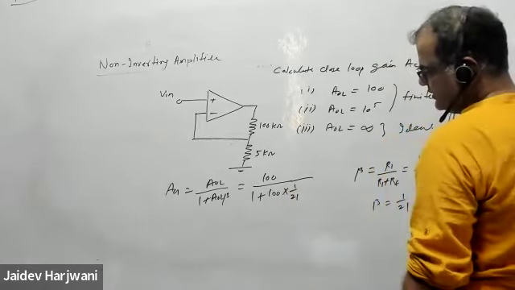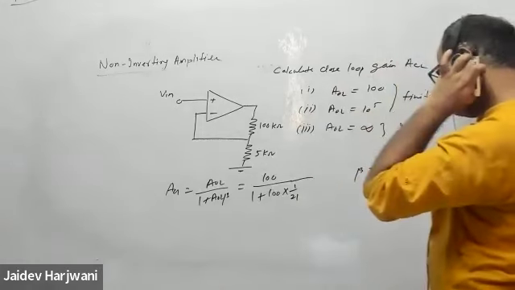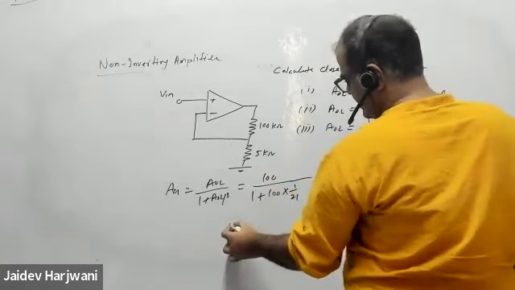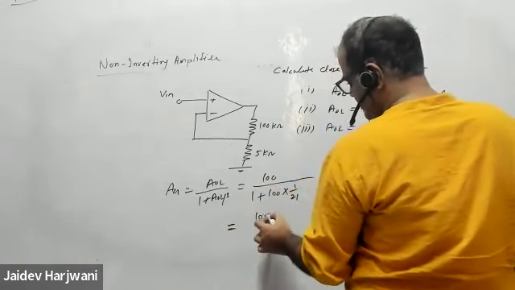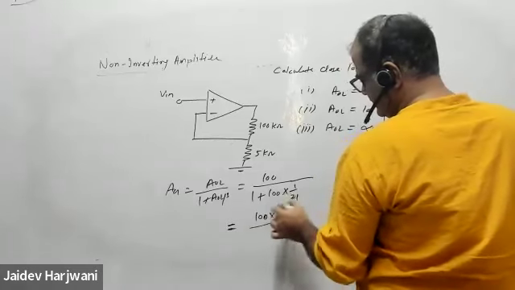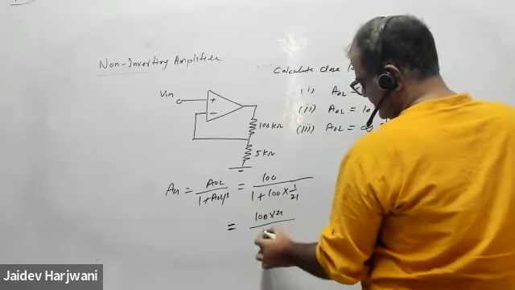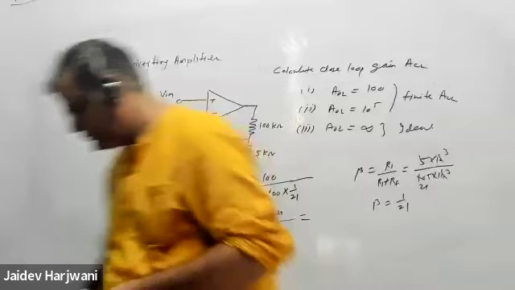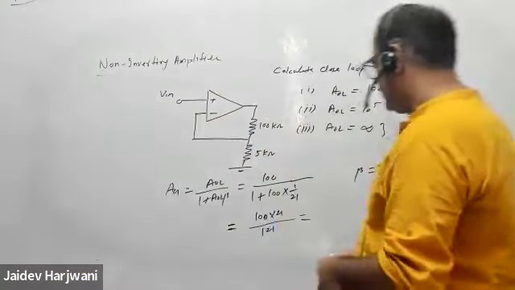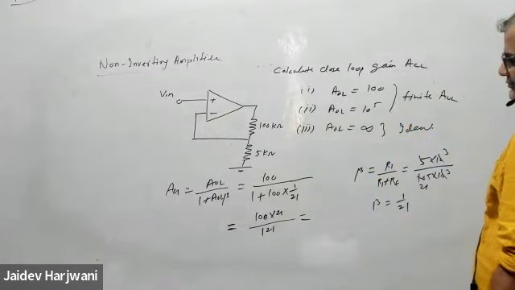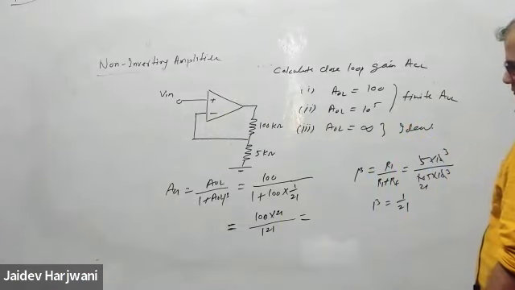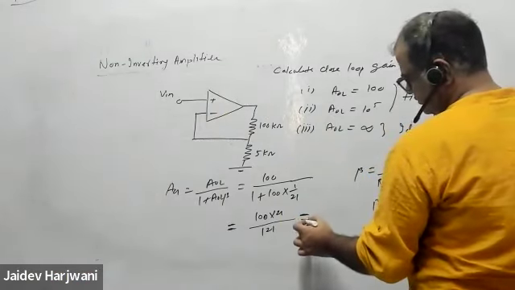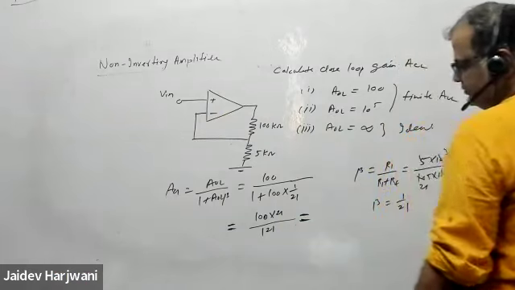Okay. And now solve it. How much will come? So this is 100 upon 1 plus 100 by 21. Okay. And this will become 2100 divided by 121. Tell me the answer. What is the answer? 17 point something.